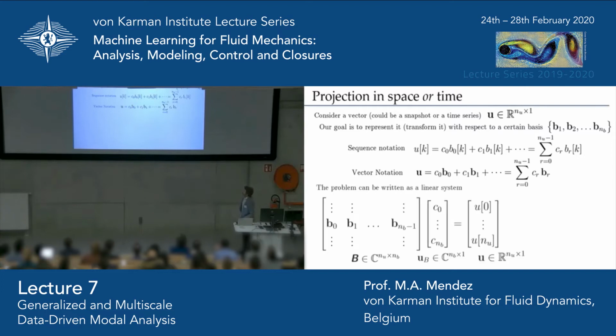And this linear combination can be written as a linear system, right? So all the coefficients become what I will call my transformed vector, and I call it B because this is transformed with respect to these bases, okay? This could be Fourier, could be wavelet, you name it. And this is your data. So this is the representation of your vector with respect to these spaces, okay?